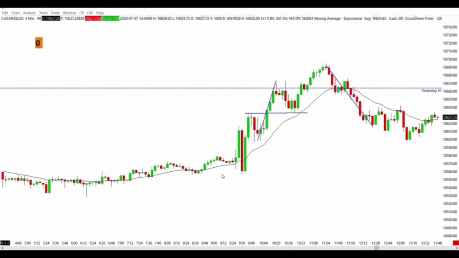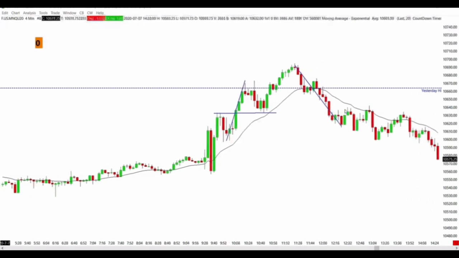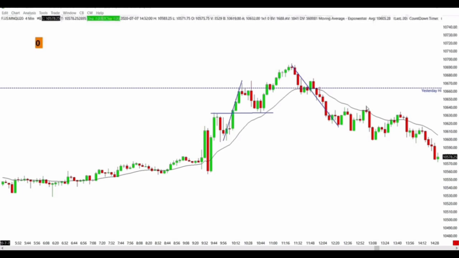Now, you have to understand, every candle is not the same size. So let's say that I went short right here, okay? And let's say that this candle right here, instead of being 10 ticks, is 15 ticks. Well, I'm still looking for a 1-to-1. I'm still looking for 15 ticks.